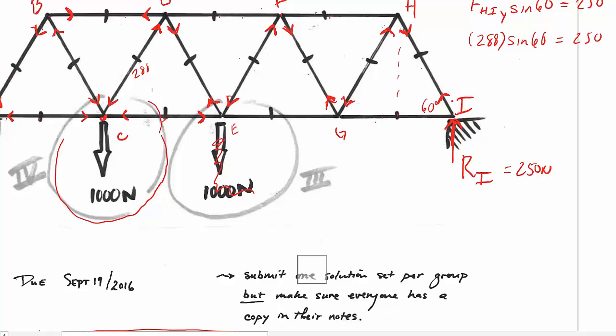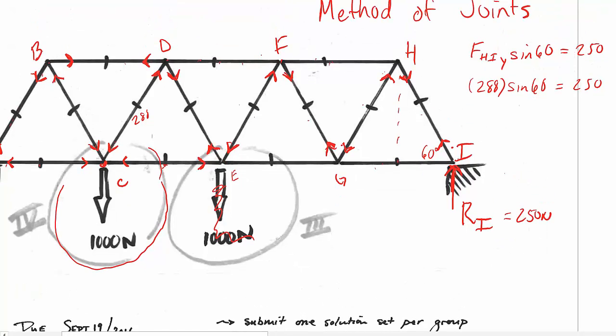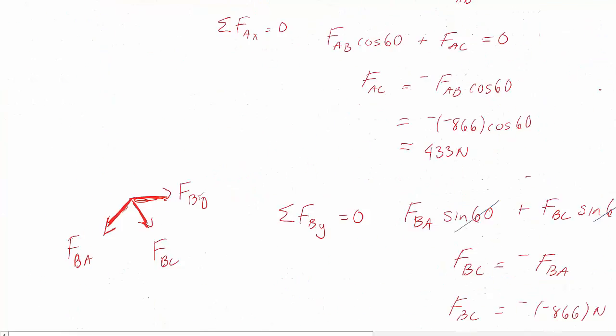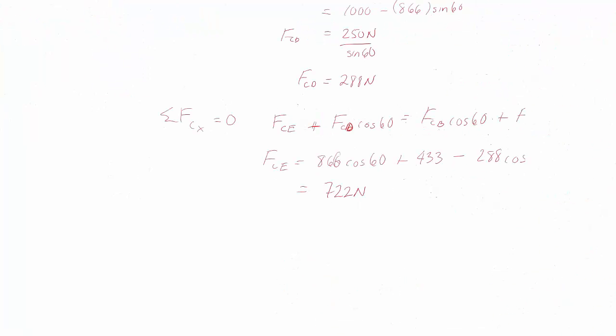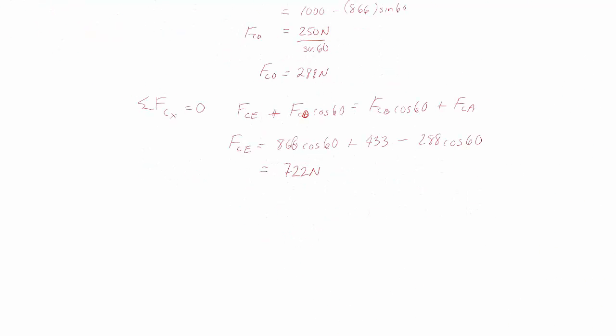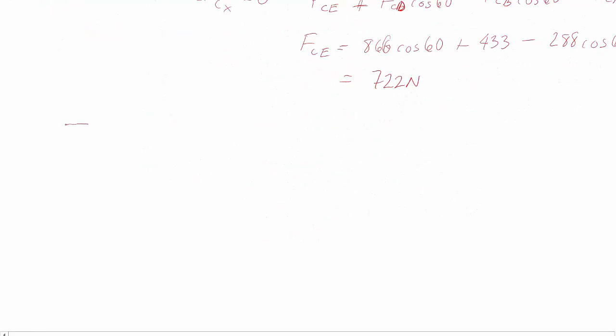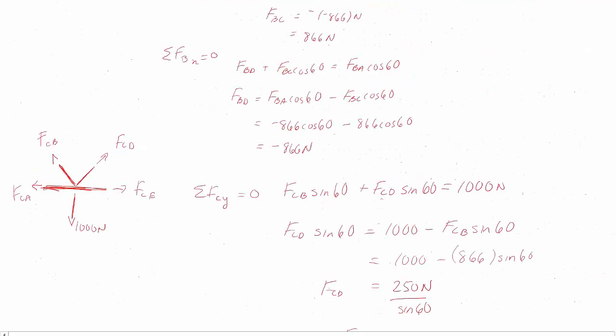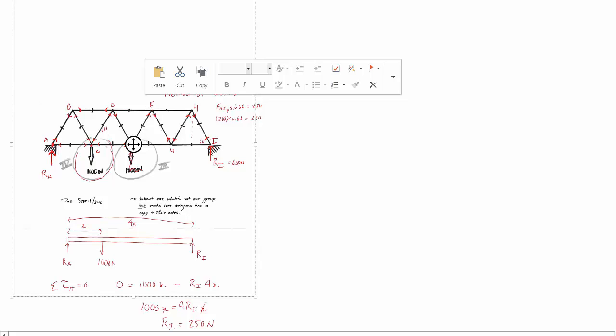All right. Let's find out what this member is by analyzing joint FD, or joint D. Just make sure I have all my, that's E and F. Oop, no, I did it the other way around.